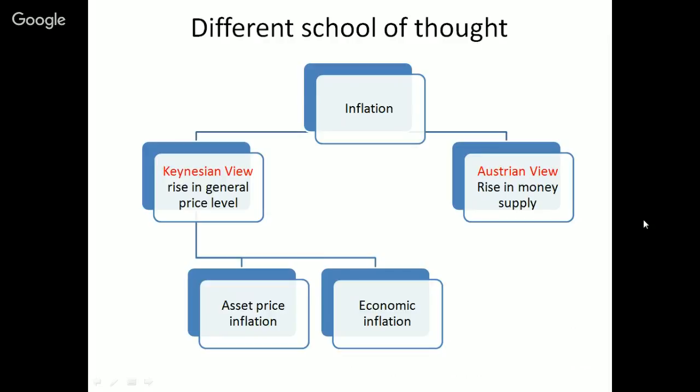The simple point here is that Austrian economics uses basic demand and supply. Whenever supply increases, the value drops, right? So if you view money as a commodity and not just a medium of exchange, and now your supply of money increases, what would happen? Its value would drop.